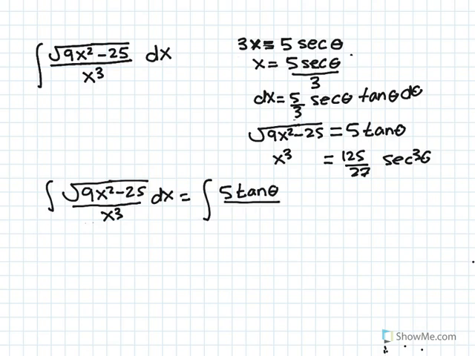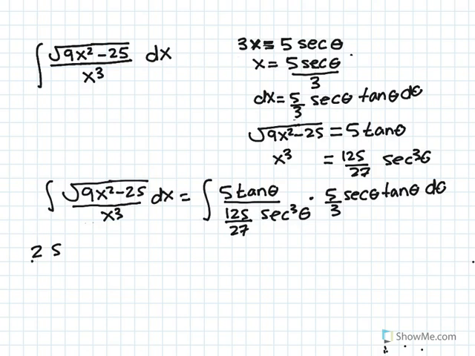The denominator x cubed becomes 125 over 27 times secant cubed theta, and dx becomes 5 over 3 sec theta tan theta d theta. Now let's remove all the constants and organize everything. So we get 25 over 3, 5 times 5 is 25, times 27 over 125. Because we have 1 over 125 over 27, and it flips, we get 27 over 125.